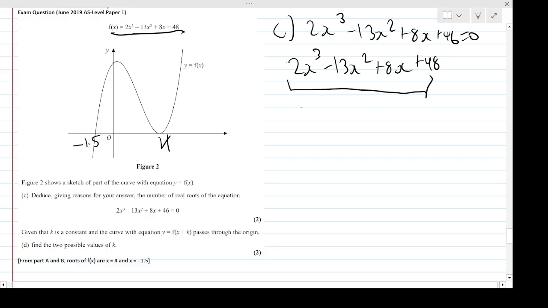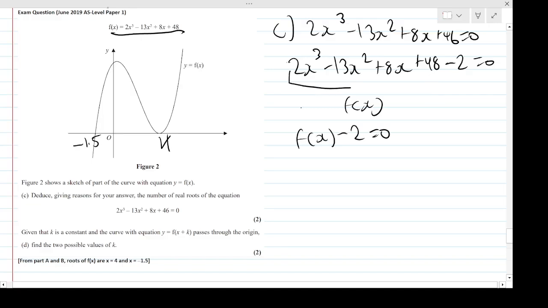Cool. But that's plus 48. I want to get to 46, so then I need to subtract 2, right, to get to 46. And that will then equal 0. Cool. So then I'm going to rewrite this to say f of x minus 2 is 0, because, again, this whole first part was f of x. That's what I substituted in.